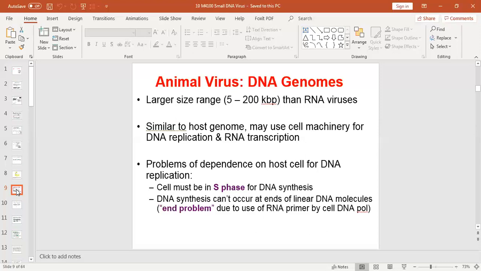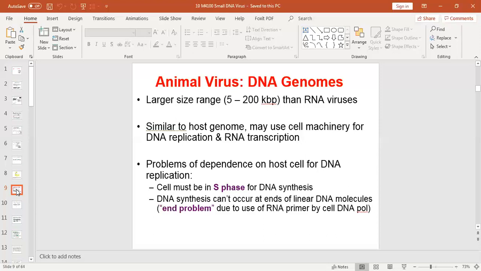So what are these two problems? The problems are, number one, the host cell must be in S phase, the synthesis phase, where it can actually double its DNA. And the second problem is that host cell DNA is linear. DNA synthesis cannot occur at the ends of linear DNA molecules.